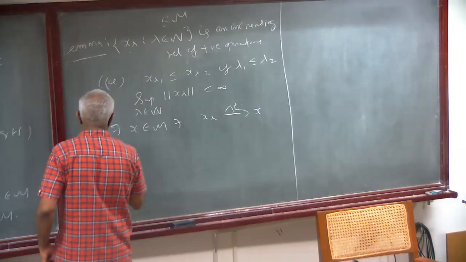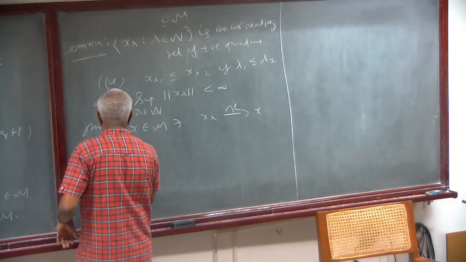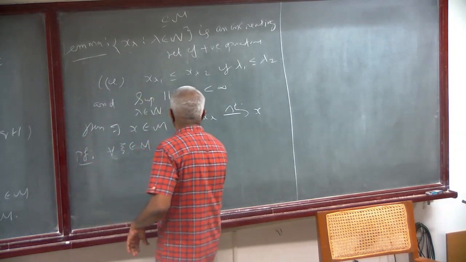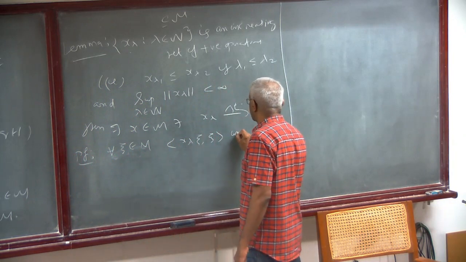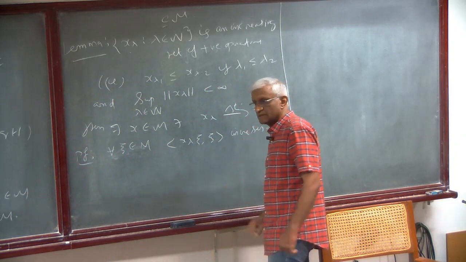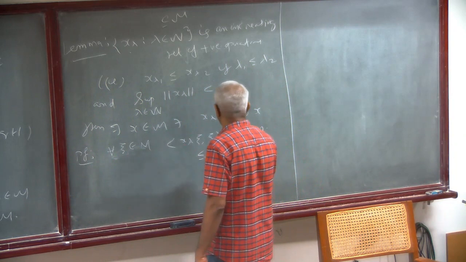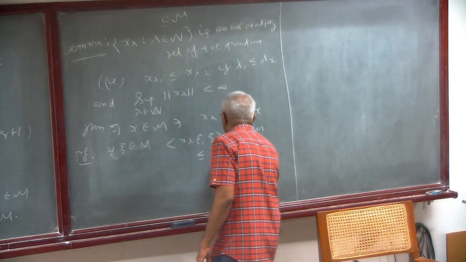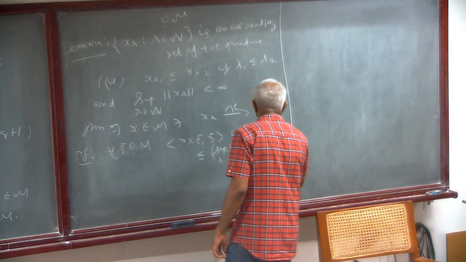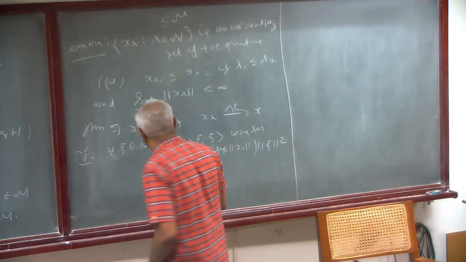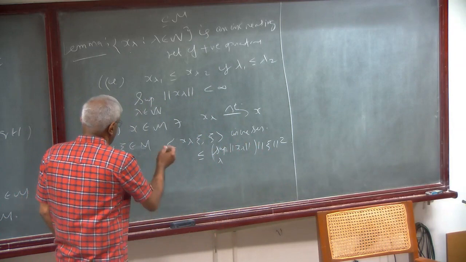I mean, you only need the increasing one. So these are positive numbers, which increase, and are less than or equal to the supremum over lambda of norm of x lambda times norm of z squared. It's an increasing net of positive numbers, and it's bounded.